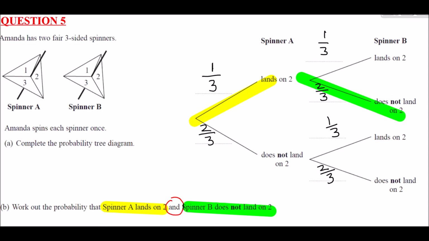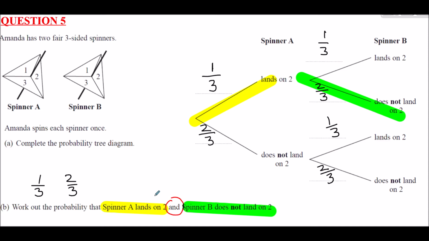So what we do here is we've crossed 1/3 here, and then 2/3 there. For the numbers we go past on our route from left to right, we multiply together to get the probability of one happening and then the other.